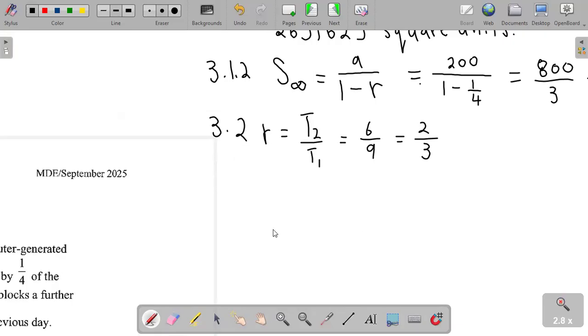They say the sum, so if we know that the sum equals A times 1 minus R to the exponent n, divided by 1 minus R, and it's greater than 25.